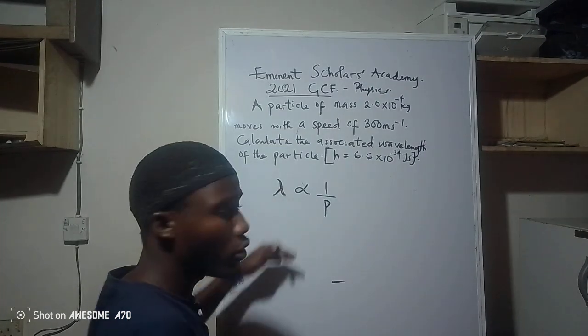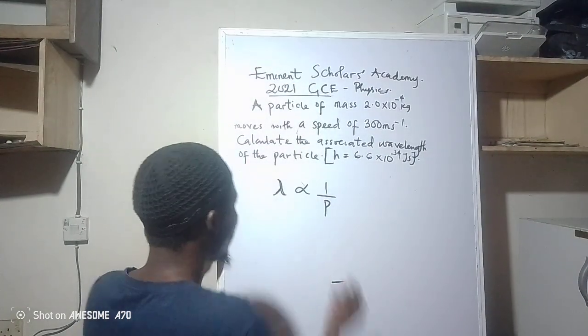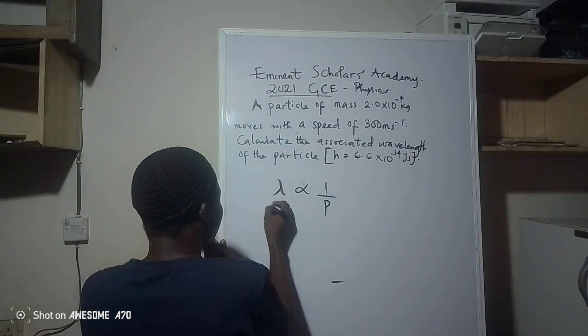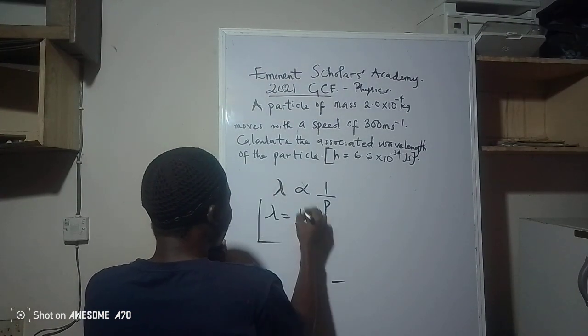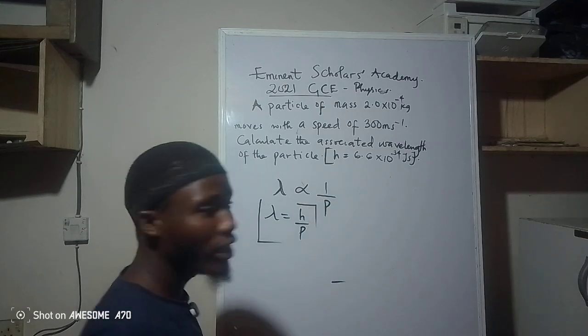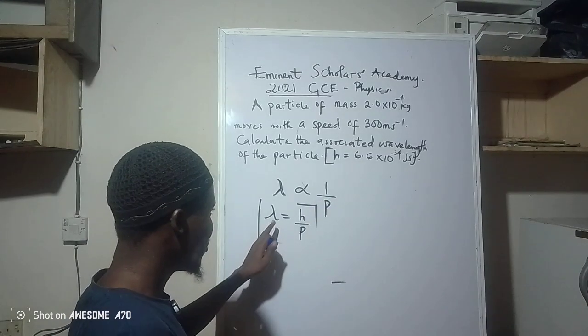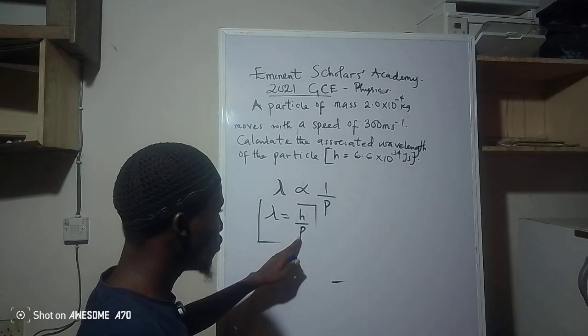This wavelength is often called the de Broglie wavelength. The constant of proportionality here is going to be Planck's constant. So whenever you see this formula, it is from the de Broglie hypothesis: wavelength equals Planck's constant over momentum.